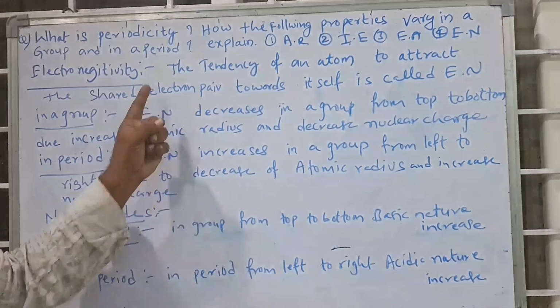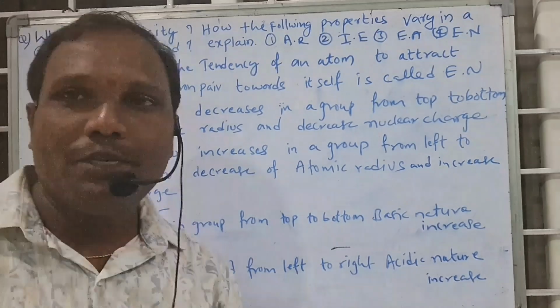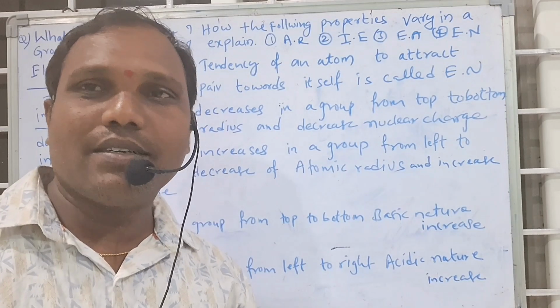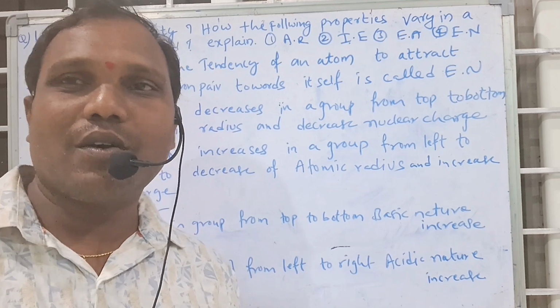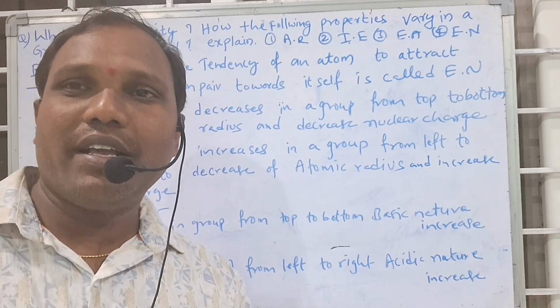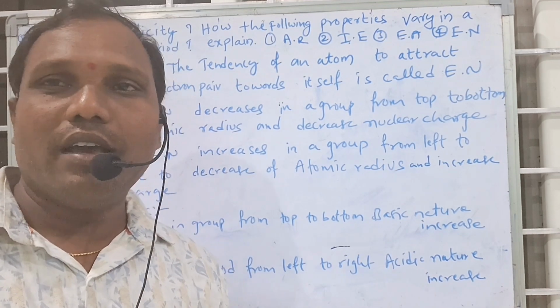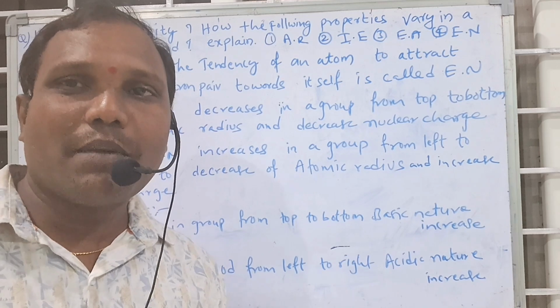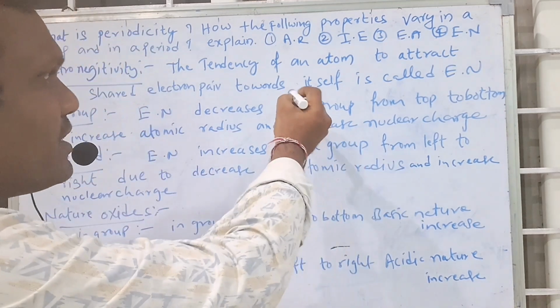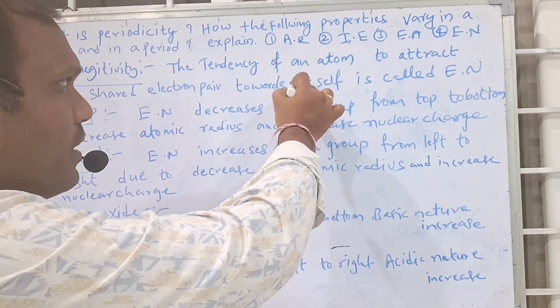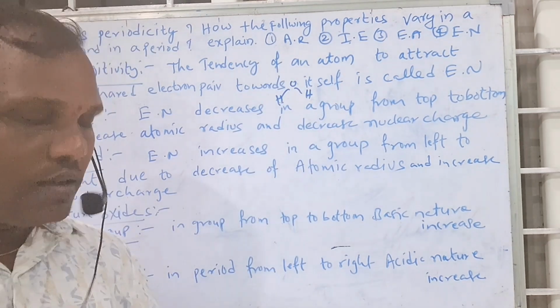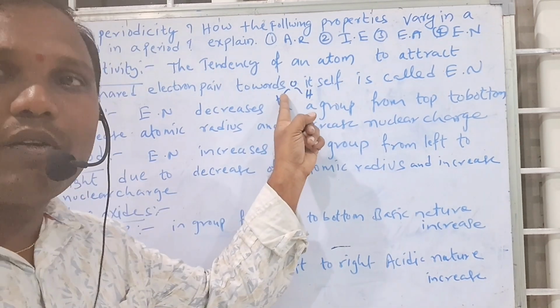Electronegativity. The tendency of an atom to attract the shared pair of electrons towards itself is called electronegativity. For example, take H2O. Here the bond contains a shared pair of electrons.